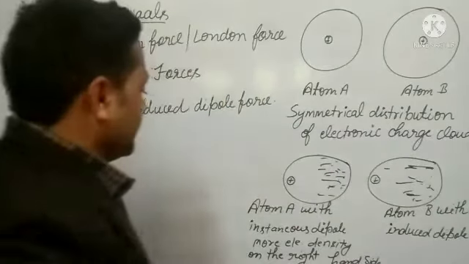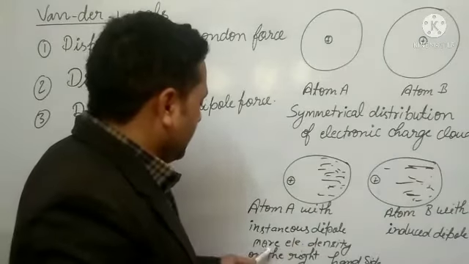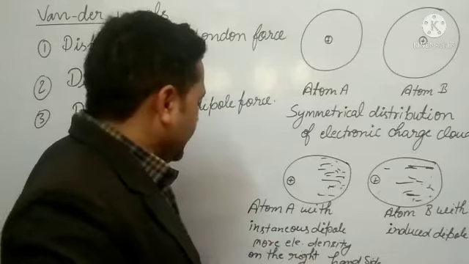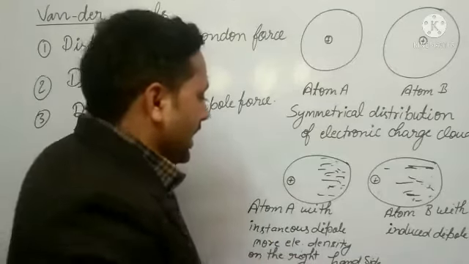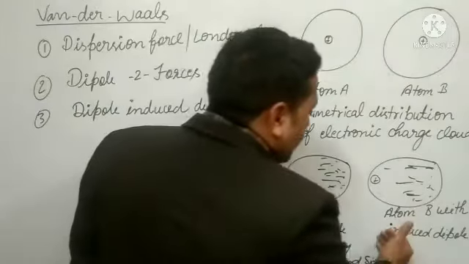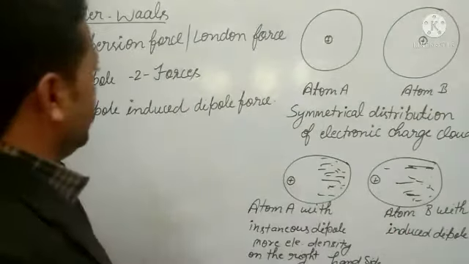Here we can see atom A with an instantaneous dipole, with more electron density on the right side, and atom B with an induced dipole. What is dispersion force or London force?